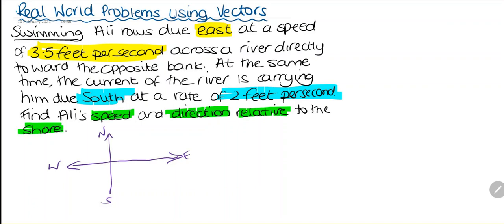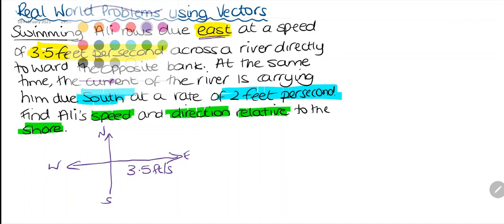So Ali rows east at a speed of 3.5 feet per second. So this is going to be on our vector this way, in this direction. And then it says across the river directly towards the opposite bank.